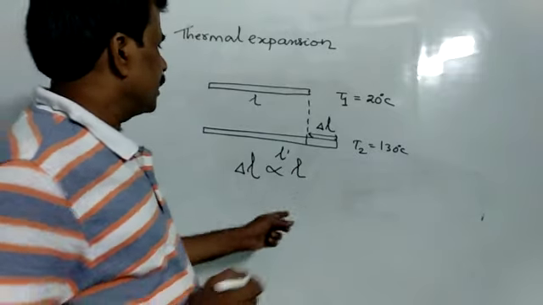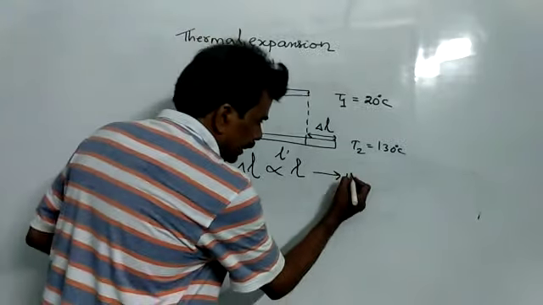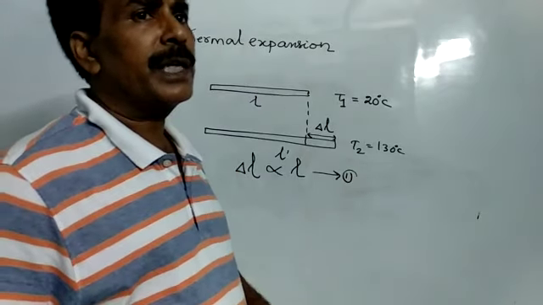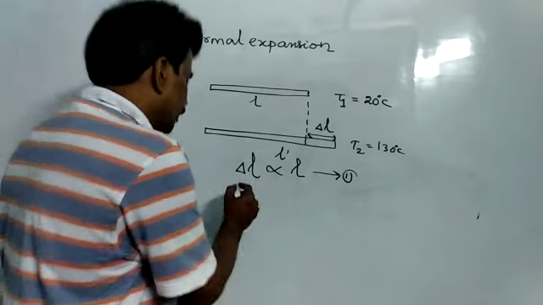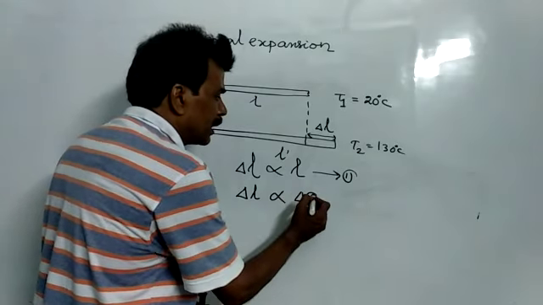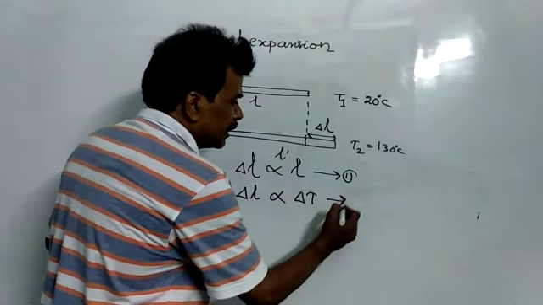This is equation 1. Consider second, this increase in length is directly proportional to the increase in temperature. So we can write delta L is directly proportional to delta T. This is your equation 2. See these two equations.